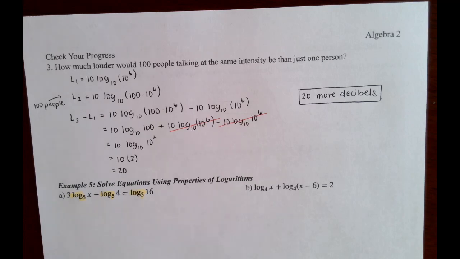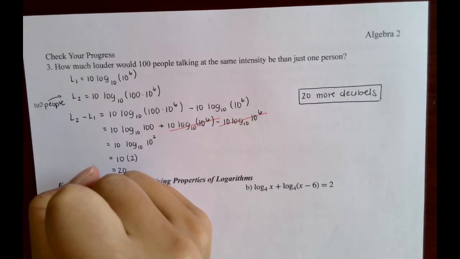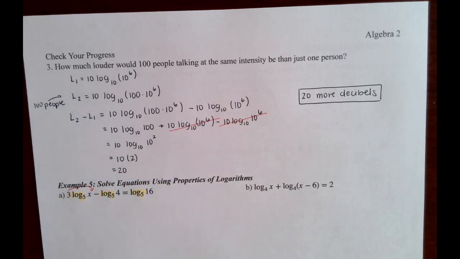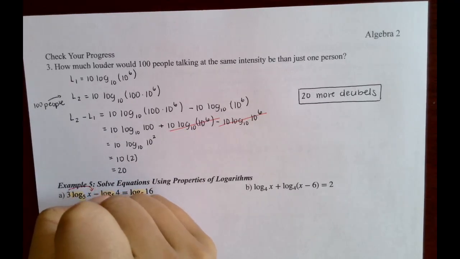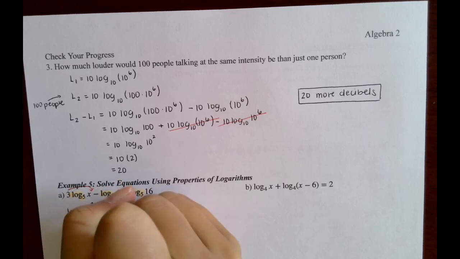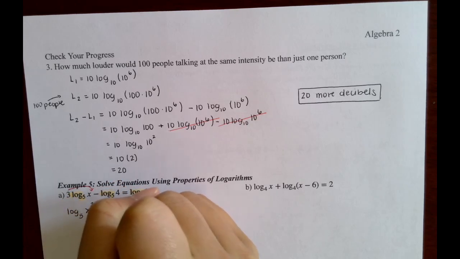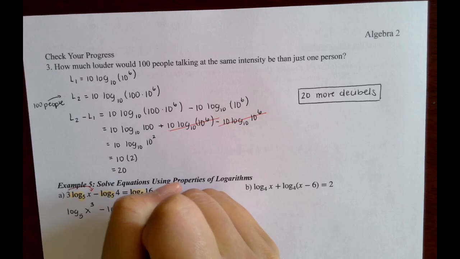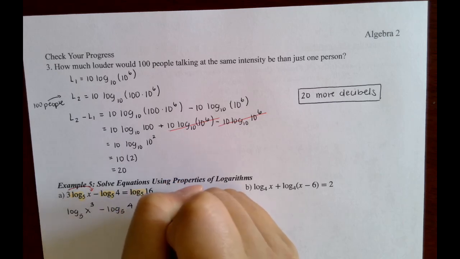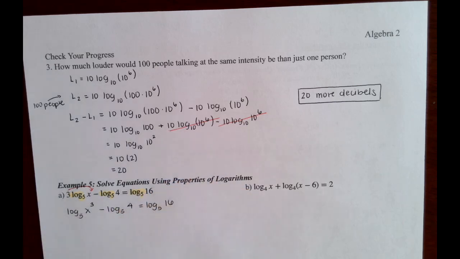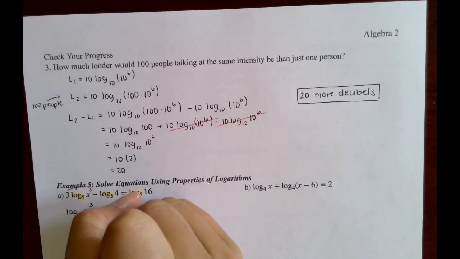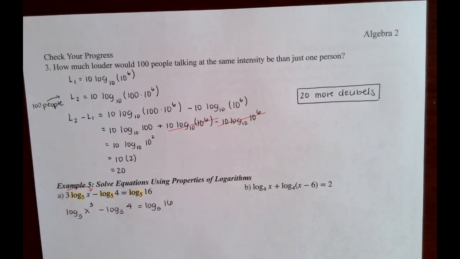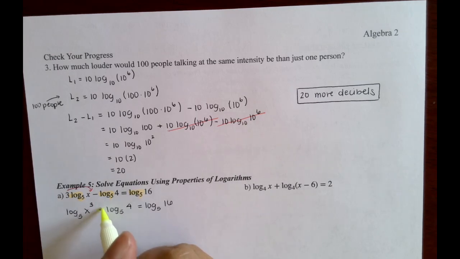So this 3 here out in front, I can change to be an exponent. So this would be log base 5 of x cubed minus log base 5 of 4 equals log base 5 of 16. Then here, because of this minus that I see, I'm going to use my quotient property.